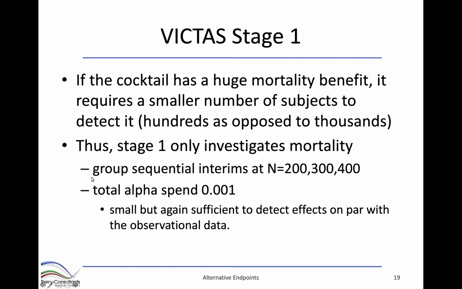And it did group sequential interims at 200, 300, and 400 patients, and it only spent a very small amount of alpha, only about 0.001 in terms of splitting for that stage. So this was going for home runs, with a very small amount of alpha spent. But for the effects that were seen in the Merrick study, if those were actually real, this is adequate to have very high power, a 90% chance that we will actually detect it even using this very small alpha. So stage one was, what if we actually do have a home run?